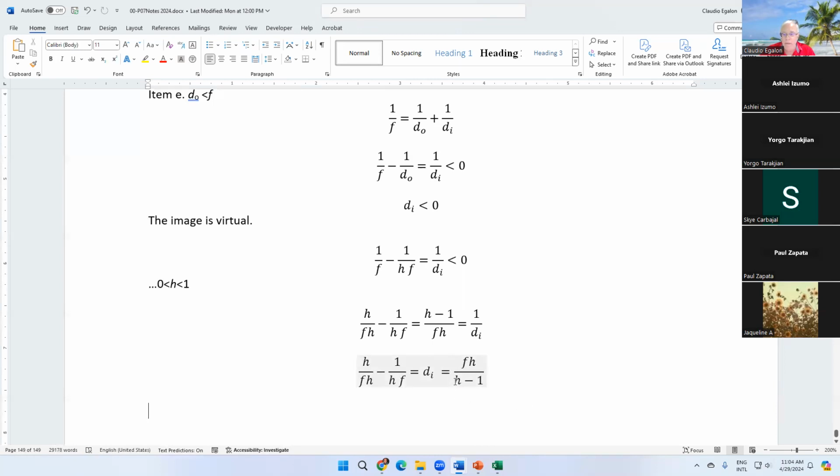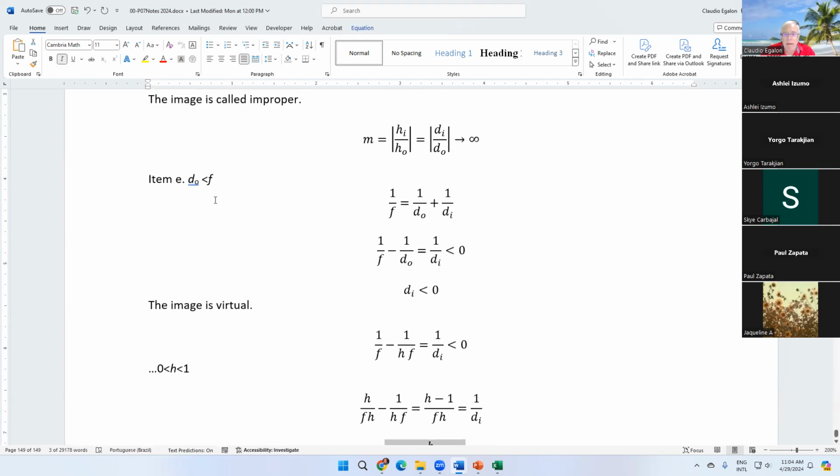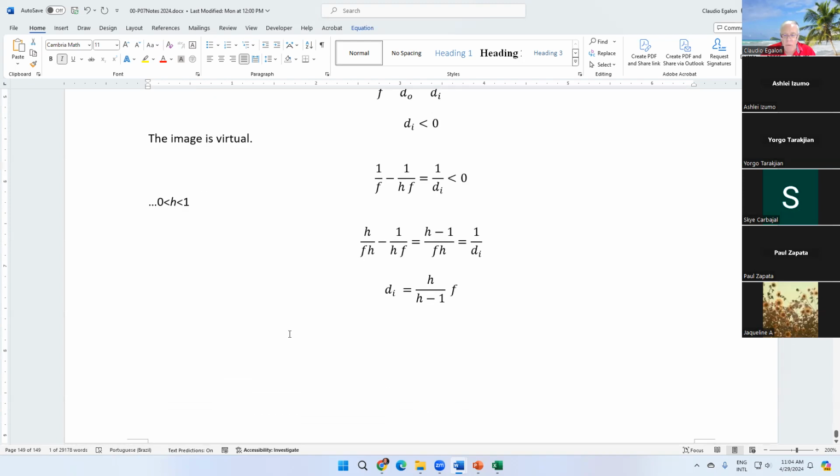Okay. When H is exactly equal to 1, the image becomes improper. We don't need that anymore. But whenever it's less than 1, we have this ratio here. I'm going to put it like that, H. We have this ratio here. It can be anywhere. And now we can apply it for the magnification.